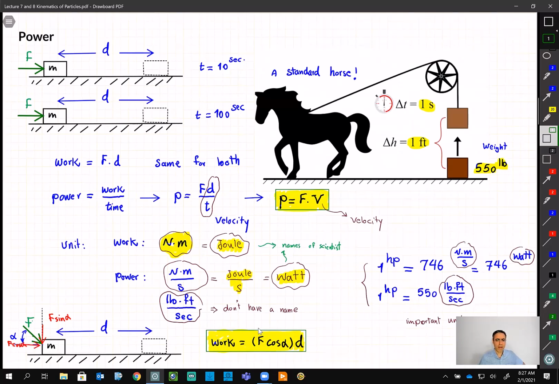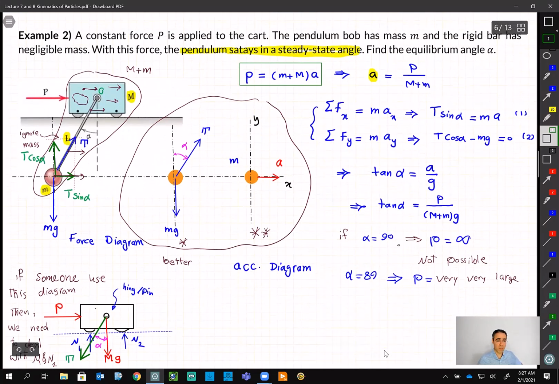And then we talk about power. Power is how fast we are getting the work done. So the parameter of time comes into place, and we define power as force multiplied by velocity. We also discussed the units, which please review.